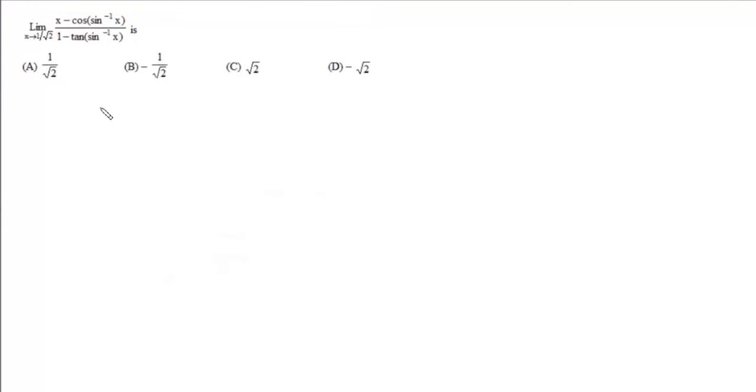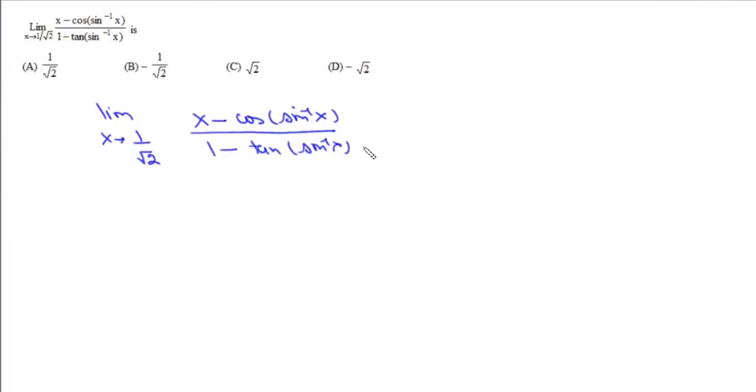Now the question is, we need to find this limit x tends to 1 by root 2 of x minus cos of sin inverse x upon 1 minus tan of sin inverse x. Now one of the ways of solving this problem is we let sin inverse x as theta. So x will be sin theta.